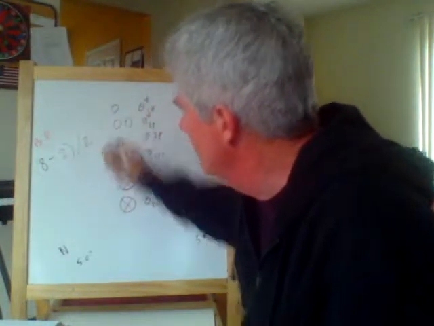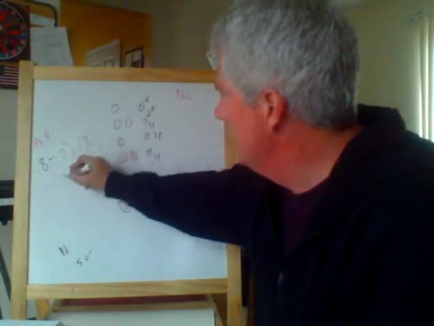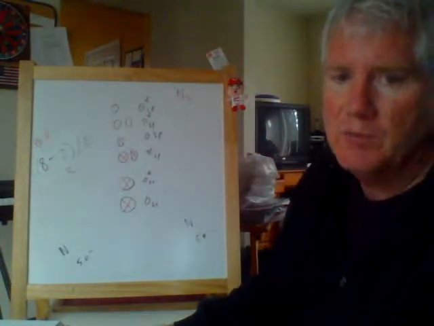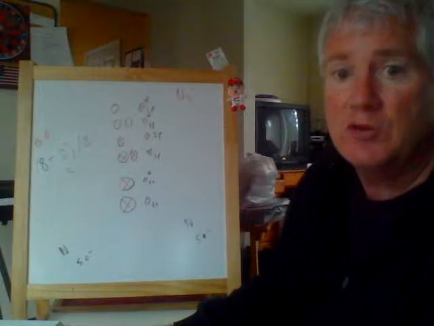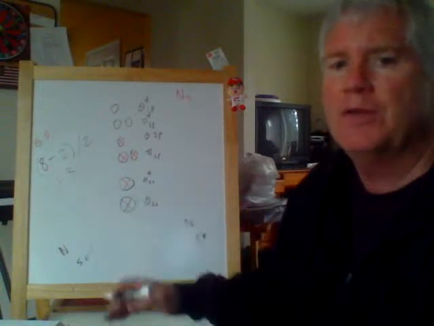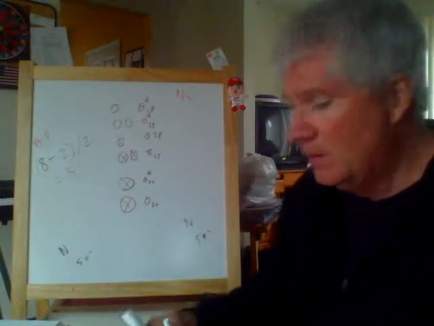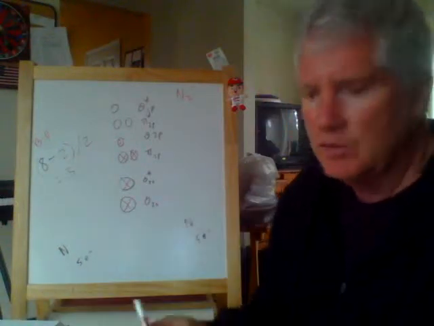Let's divide by 2. The answer is 6 divided by 2, a bond order of 3. What this says is that when nitrogen bonds together, it should form a triple bond. We know that from the other theories that we studied, that's exactly what we expect, and therefore it is a strong bond, as the figure depicts.